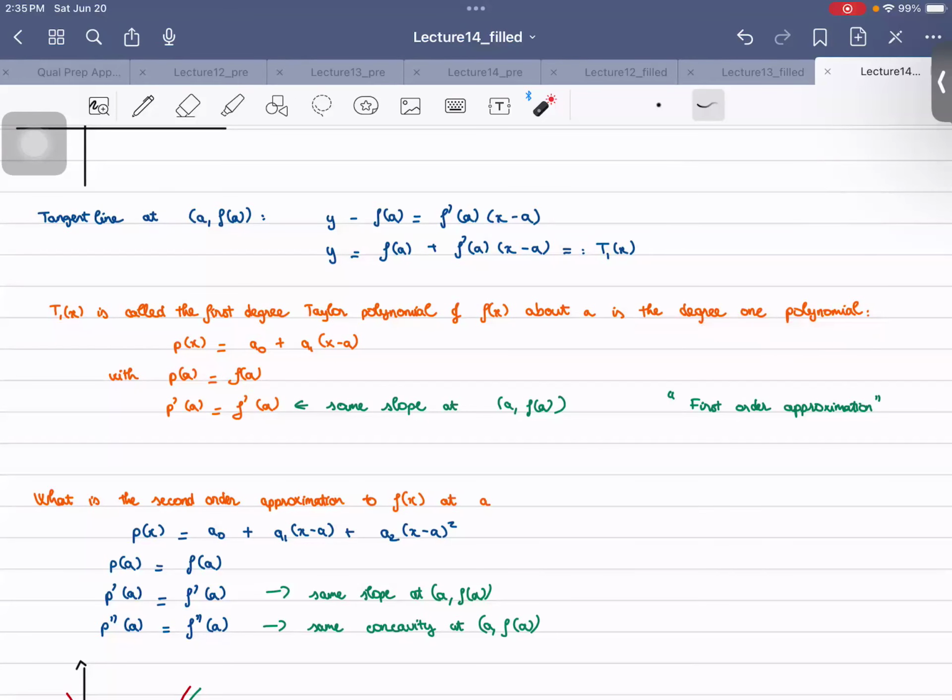So what is the second order approximation to the function f at the same point A?